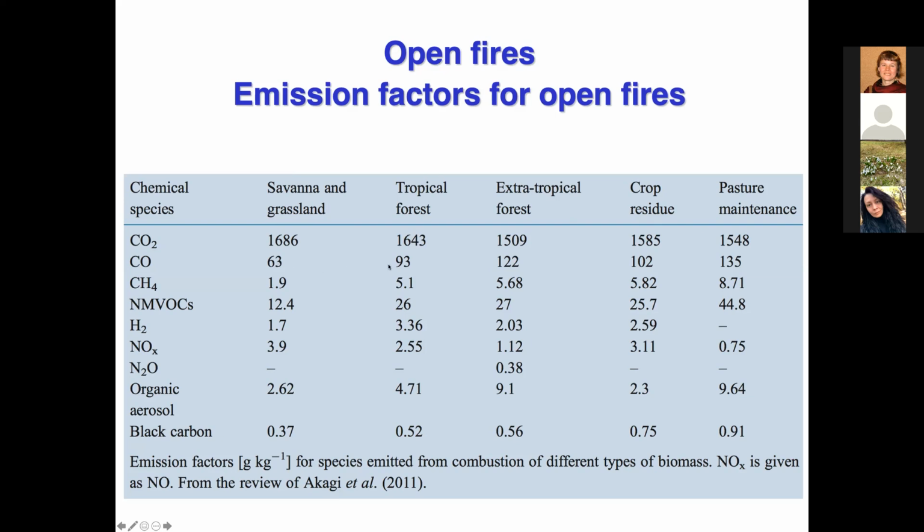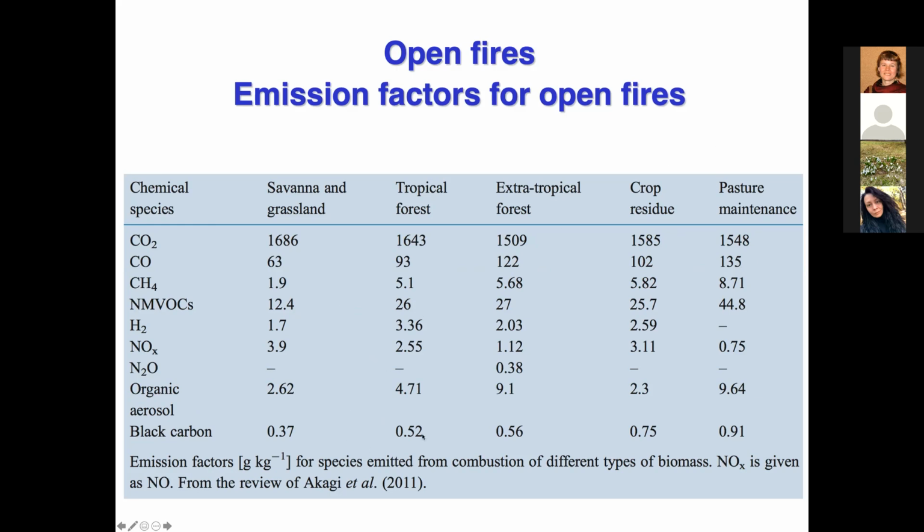You have to know what kind of forest or grassland you have, and then you can see, if it burns, what comes out. Then, of course, the most important one is CO. But you see, you also get other stuff coming out depending on the kind of vegetation you have.